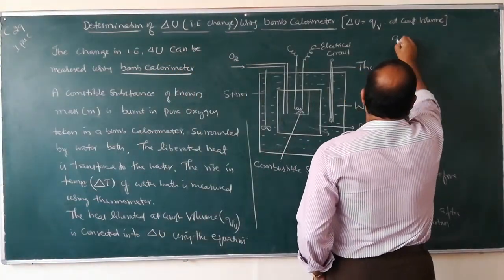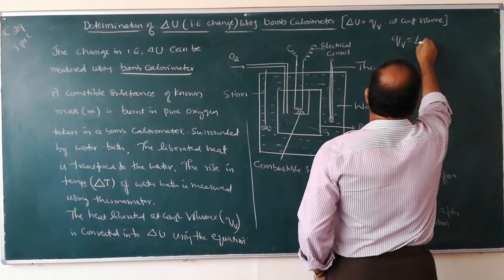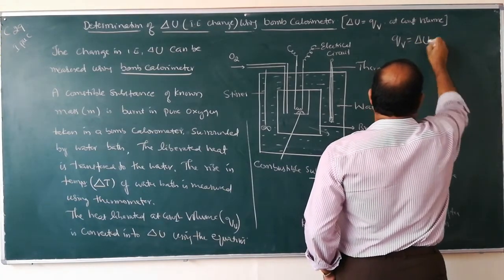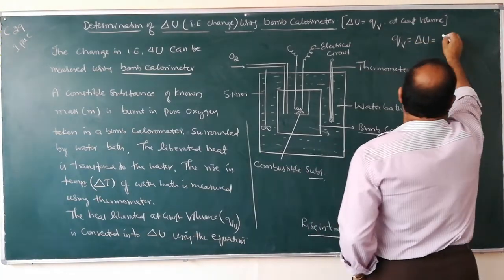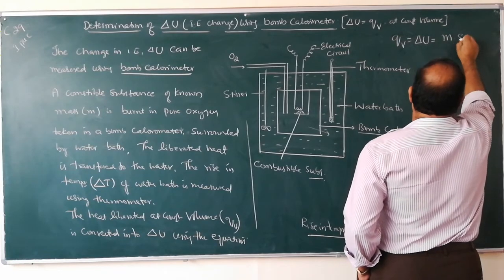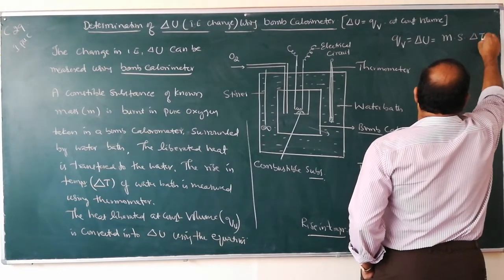Write down: QV is equal to delta U, that is equal to M S delta T.